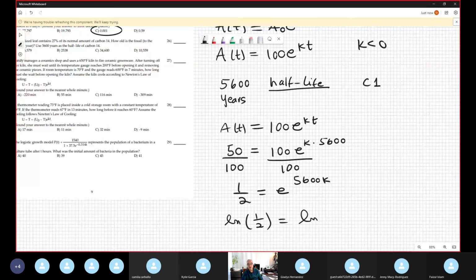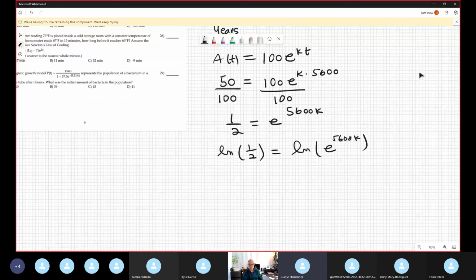And you know very well that logarithm and exponential cancel each other. Do you understand very well this idea or not? Sure? Yes. Okay, good. I want to hear this. I like it. Okay, now this cancels out, and this is 5600 times k. Therefore, k alone is ln of 1/2 divided by 5600.